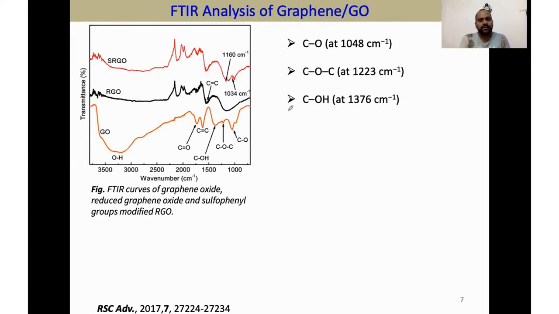But when we reduce it, this kind of peak generally disappears, right? You can see that here again. The next one is the carbon-oxygen double bond at 1725, and this is going to carbon. So this is the signature of the carbon-carbon bond within the structure. This is still present in the system.